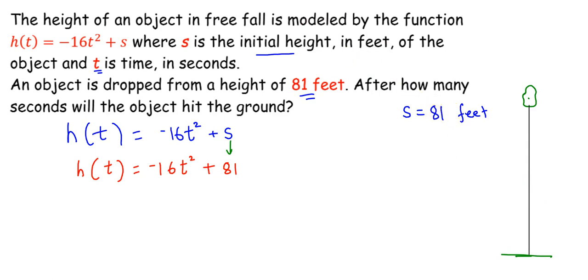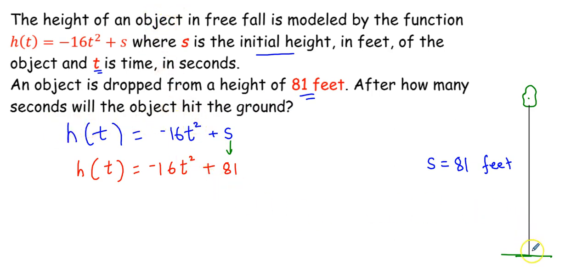Now, to reach the ground from this height of 81 feet, any object needs some time to go. It can be 1 second, 2 seconds, or whatever time, but it needs some time. So that time we have to find. That's what they are asking here: after how many seconds will the object hit the ground?